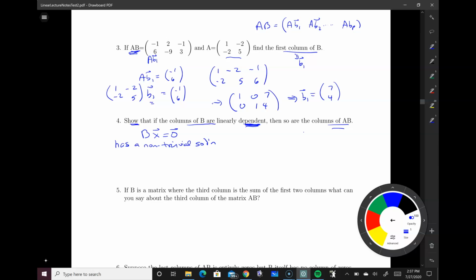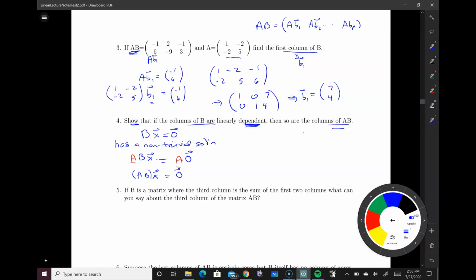Okay, so I'm going to start with that, and then I'm going to multiply A on both sides. It is important that you multiply both sides on the left-hand side, because order matters. So this is the matrix AB times x, and here I have a matrix A times the 0 vector, which gives us the 0 vector. So what do I know now?